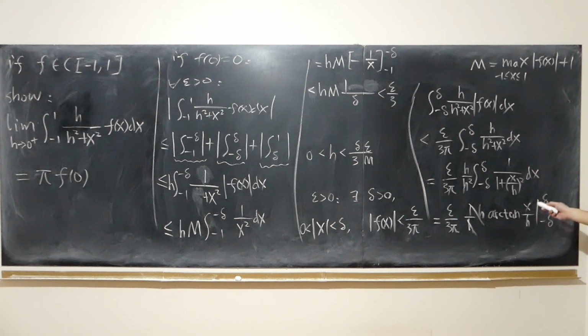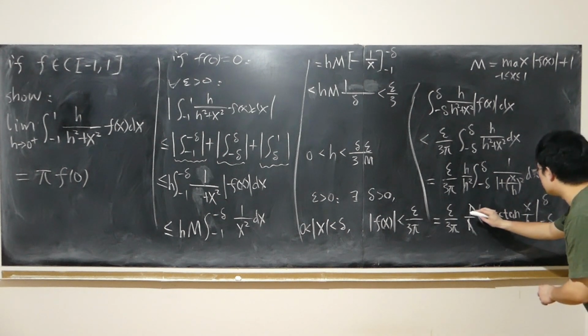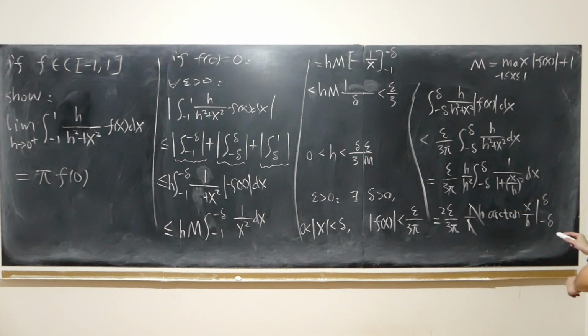So, but this arctangent of delta over h minus negative, so it becomes plus, becomes twice of arctangent of delta over h, right? Eventually. But arctangent of delta over h can be no larger than pi over 2, half pi, right?